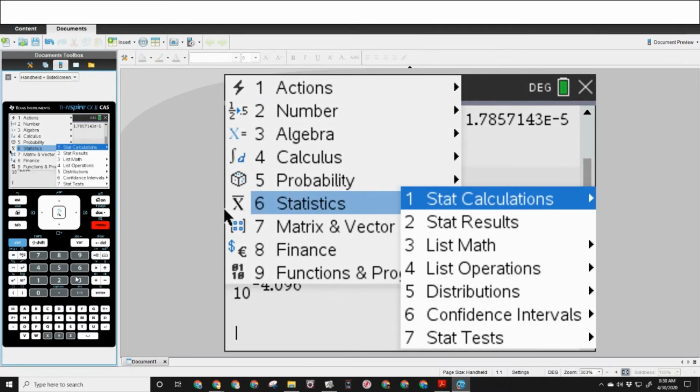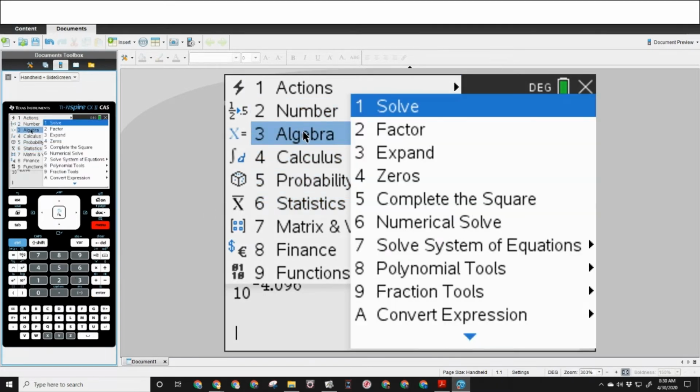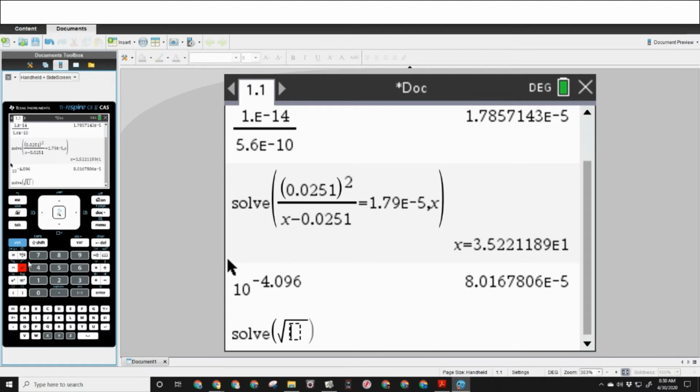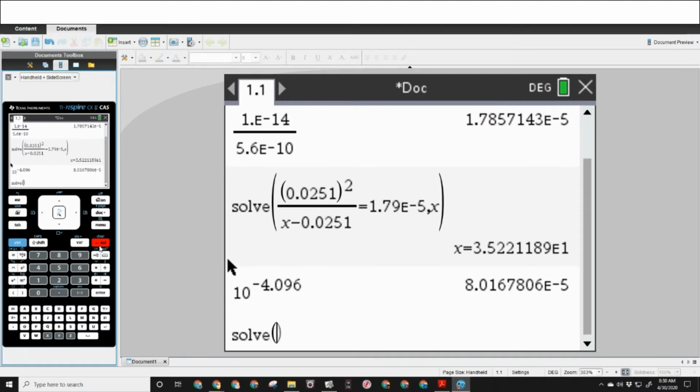So menu 3.1. Oh, that's not what I wanted to do.